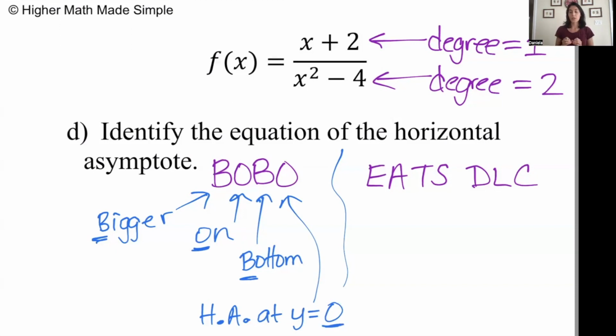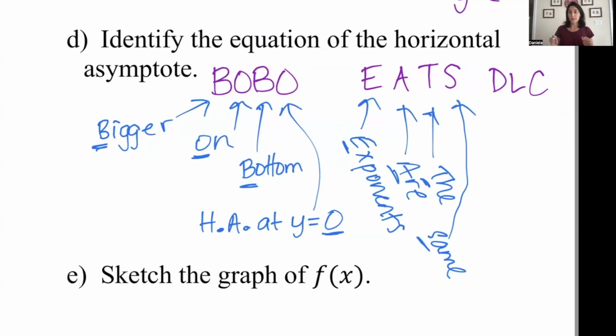If the exponents are the same, and that's what these stand for, exponents are the same, then DLC stands for, you can find the location of the horizontal asymptote. You divide the leading coefficients.